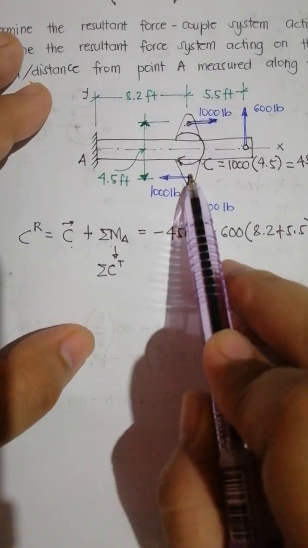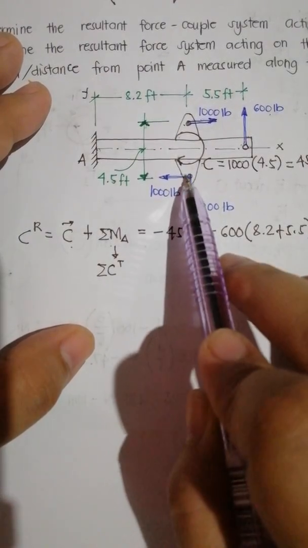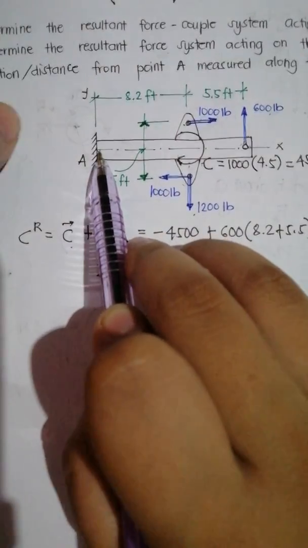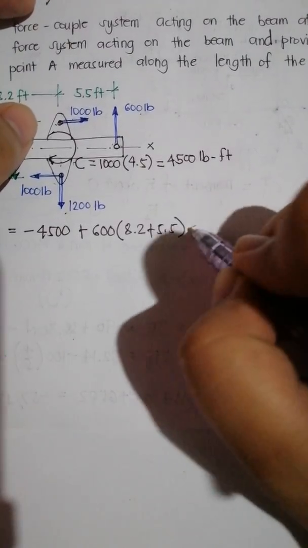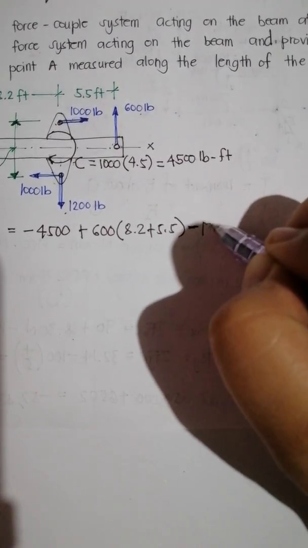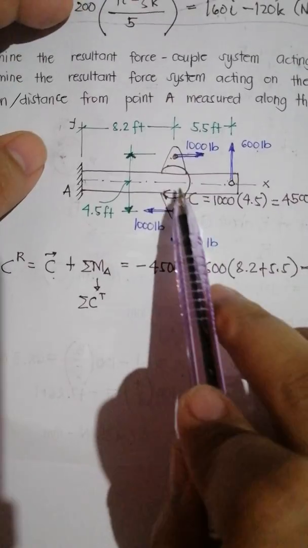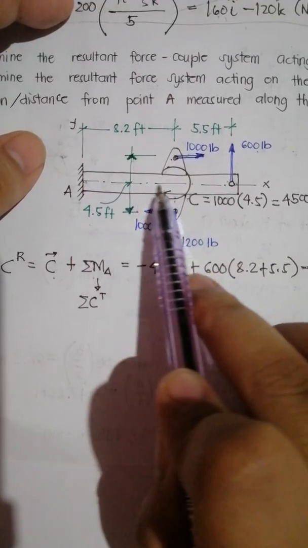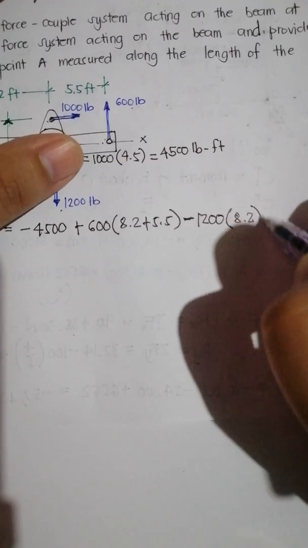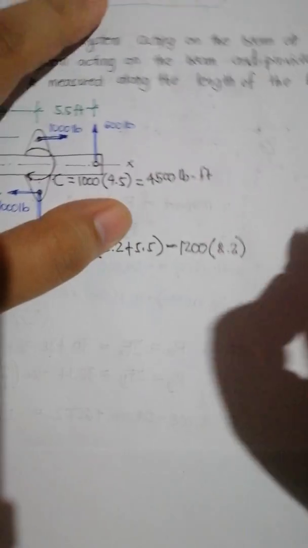As for the 1,200 pound force, the rotation about point A is clockwise, so the couple of transfer is negative, or the moment about the point is negative. We have the force 1,200 times the perpendicular distance 8.2 about point A. This is now your couple resultant.